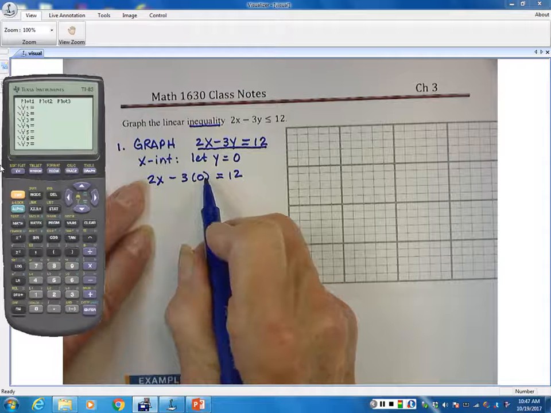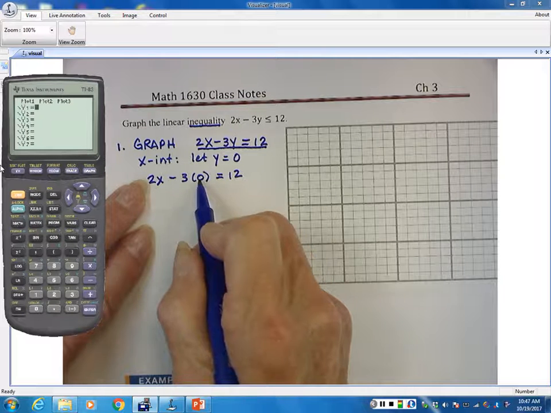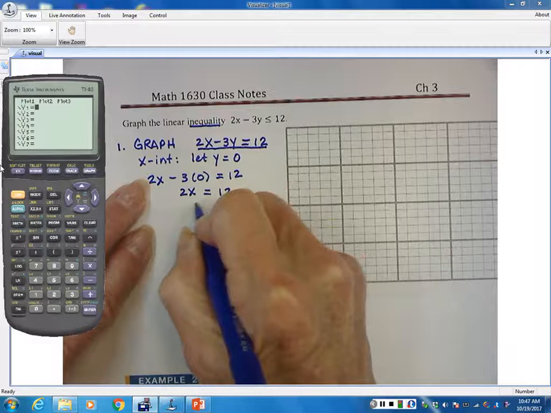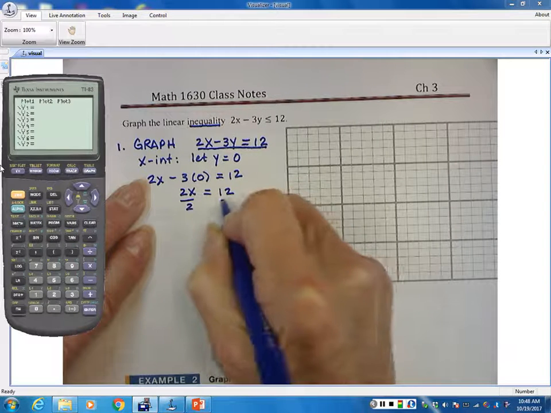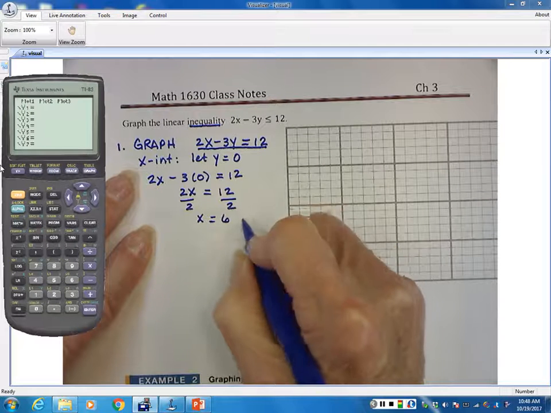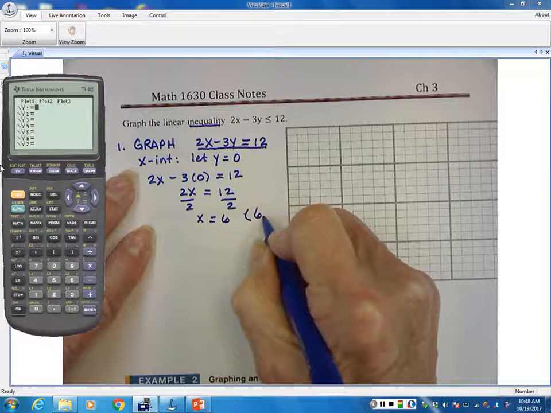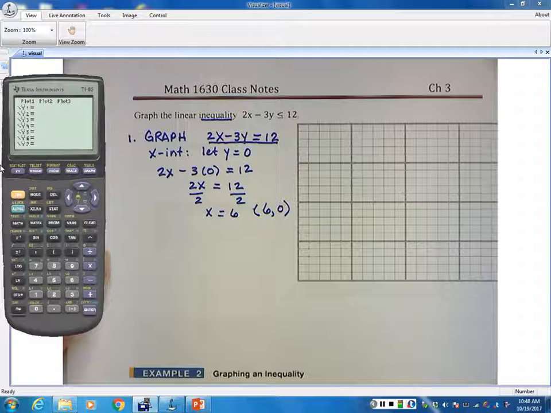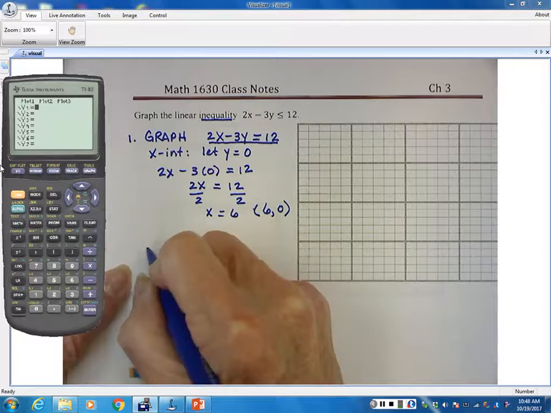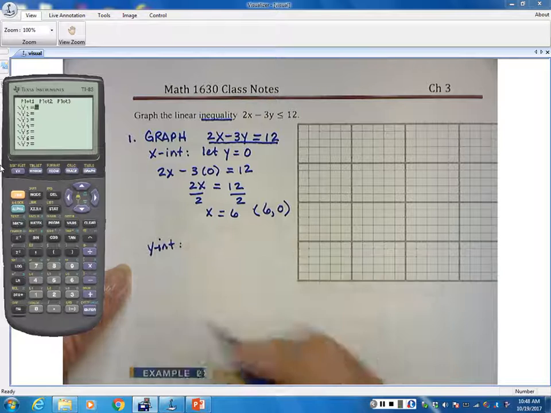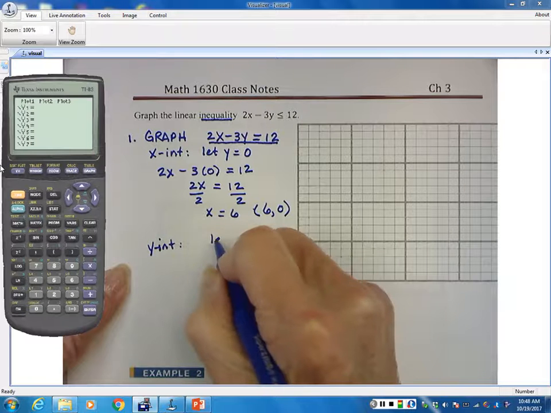So if I have 3 times 0, that's 0, and 2x minus 0 is still 2x, and 2x equals 12. If I divide both sides by 2, that gives me x equals 6. And that gives me the point (6, 0). So then my second step would be to find the y-intercept. And that means I'm going to let x equal 0.